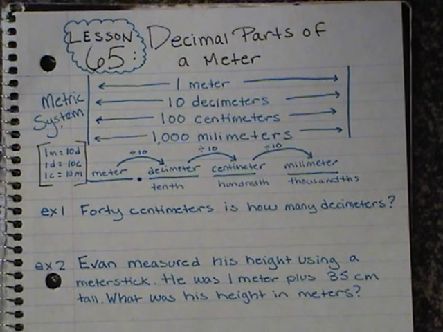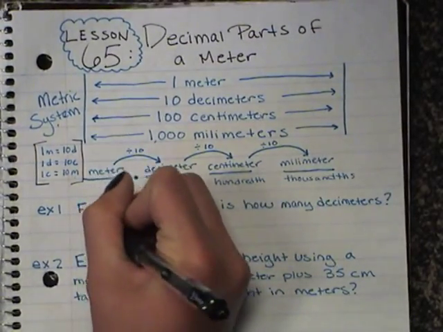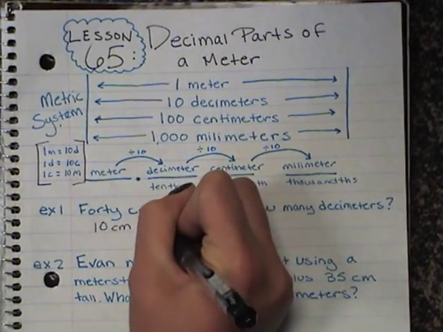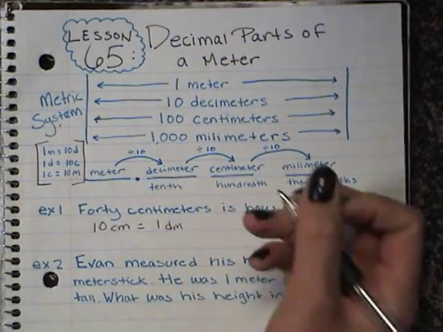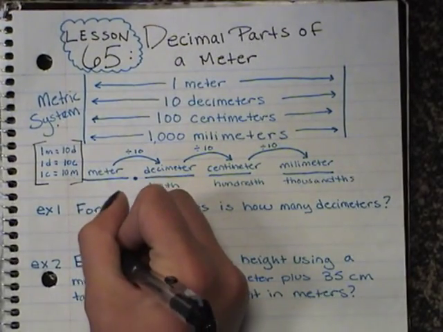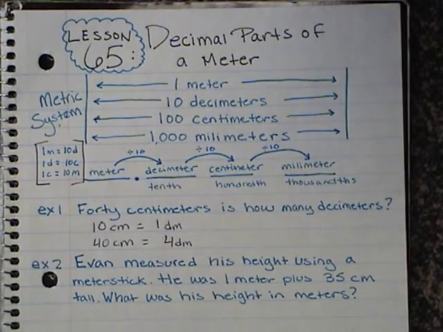So if 10 centimeters equal 1 decimeter, then I must know that 40 centimeters are going to equal 4 decimeters.